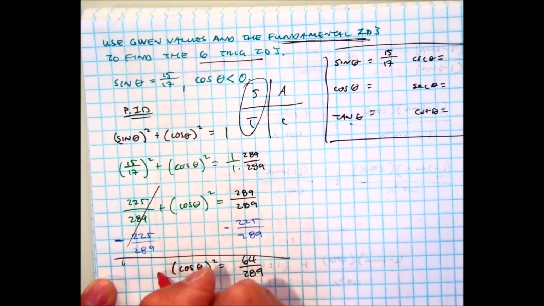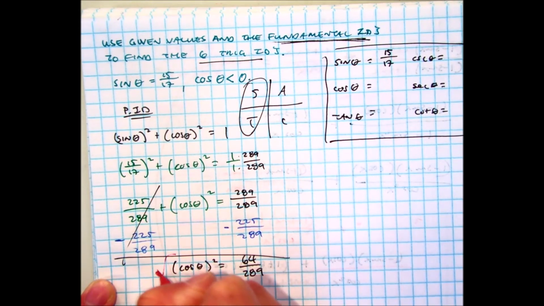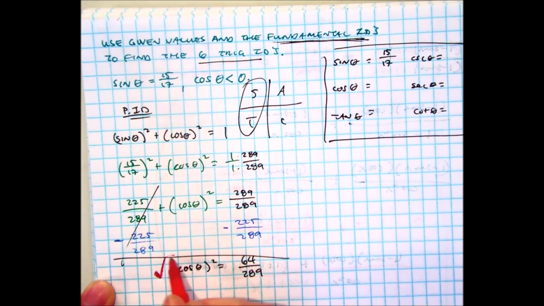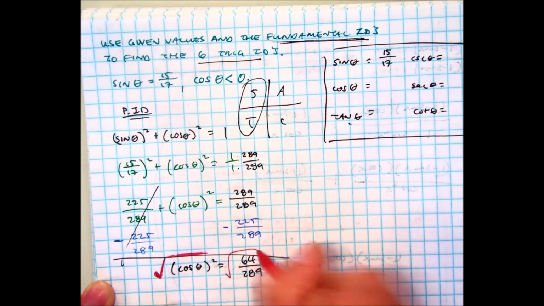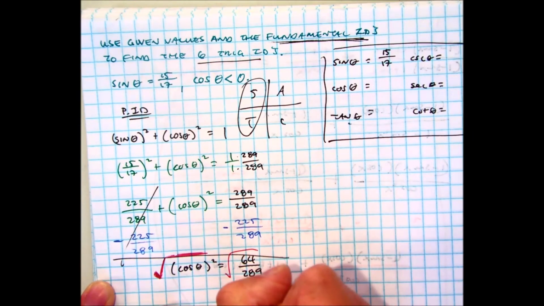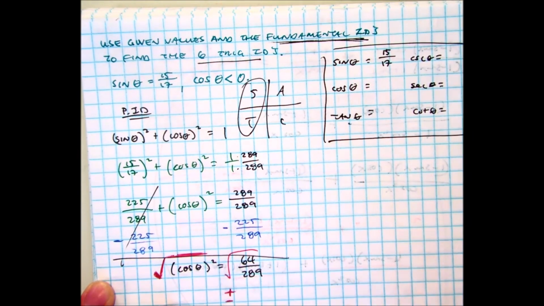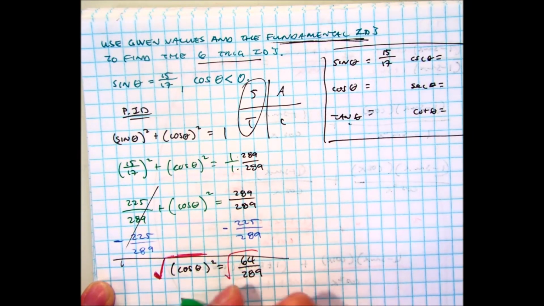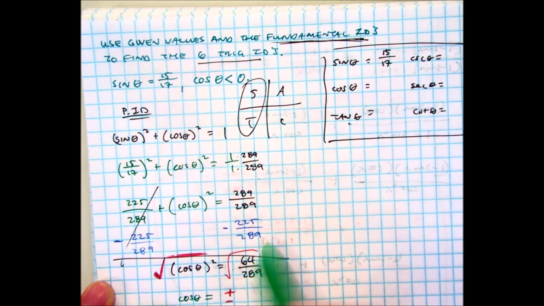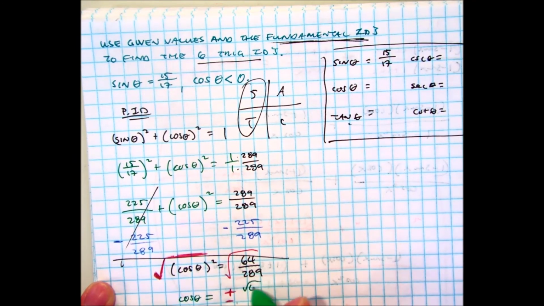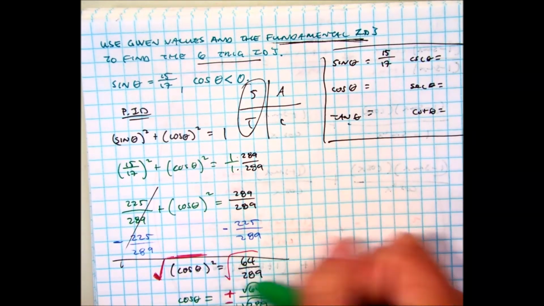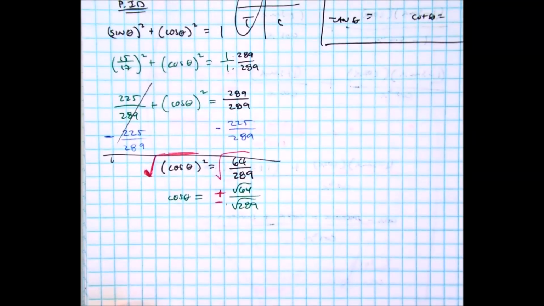And now I'm going to take the square root. Now be careful. This is where a lot of you guys made mistakes. When I take the square root, it has to be both plus or minus. So cosine of theta equals plus or minus the square root of 64 over the square root of 289. Remember, you're taking the square root of everything in the radicand.